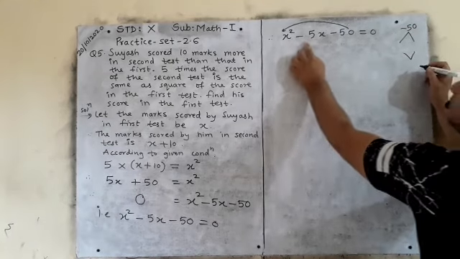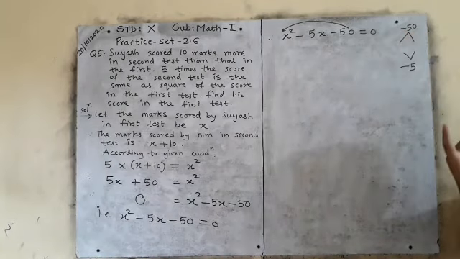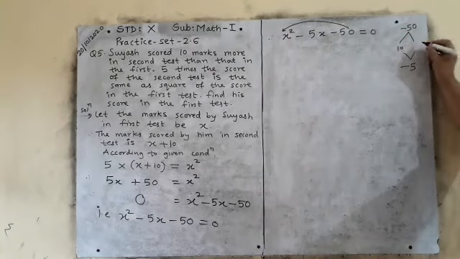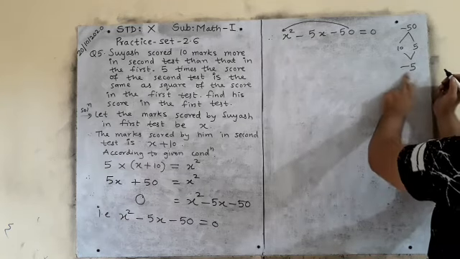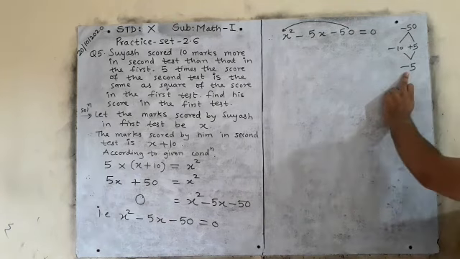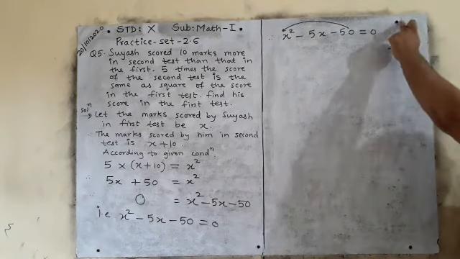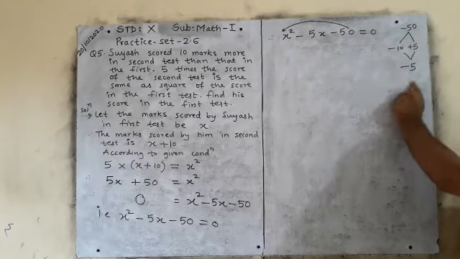What is in between? Minus 5. Now you have to write, 50 comes in which table? 10 5s are 50. So it is negative. The bigger number should be negative and the smaller number should be positive. Minus 10 multiplied by 5 is minus 50. Minus 10 plus 5, answer minus 5.